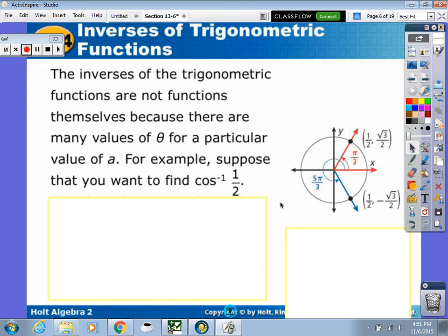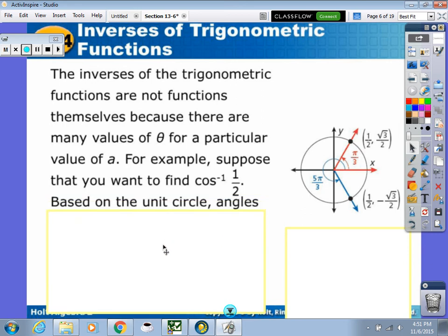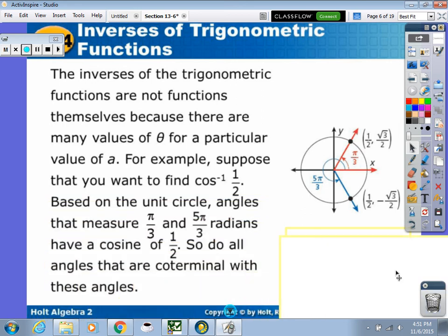And if we were to continue rotating around and around, every time that our terminal side fell on either one of these rays, we would have another cosine of that particular angle equaling 1/2. So we do have multiple locations where the cosine of an angle is equal to 1/2, and so we don't have a function when we're looking at it from this point of view.